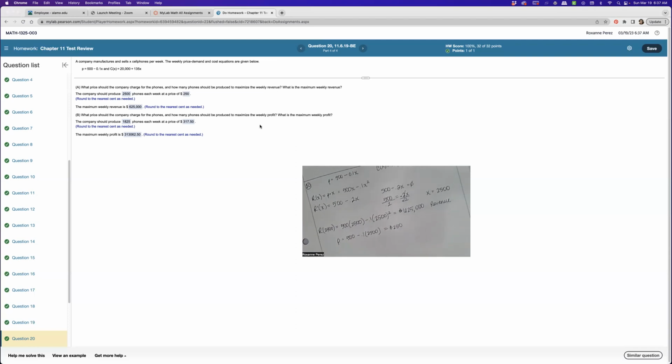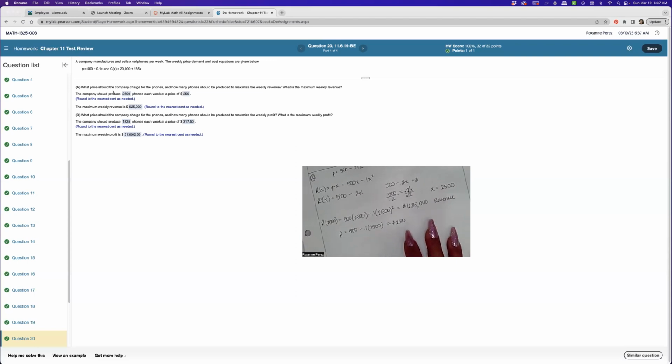Okay, so that's for part A. The company should produce 2,500 phones each week at a price of 250. The maximum weekly revenue at this quantity is $625,000.